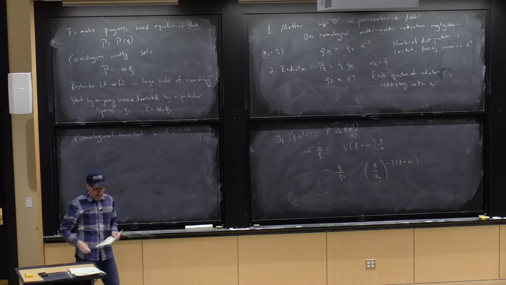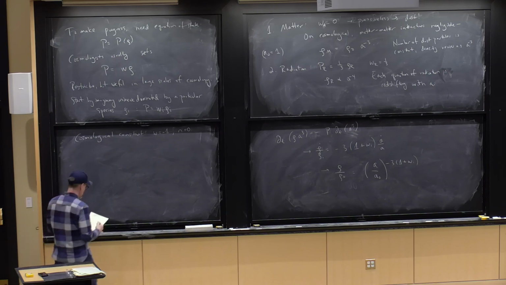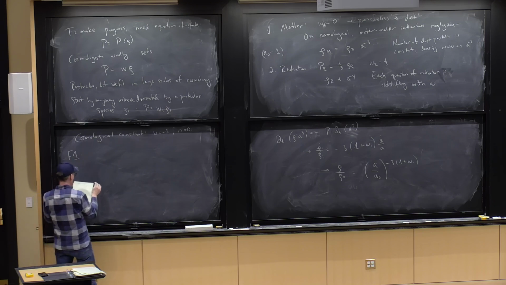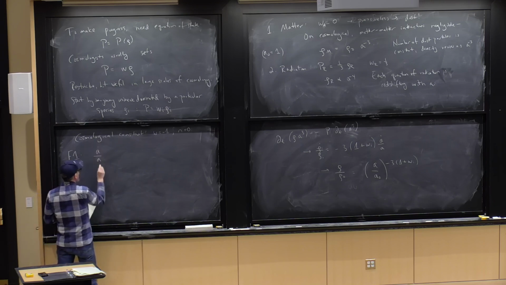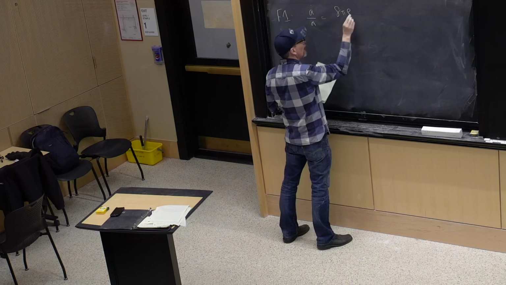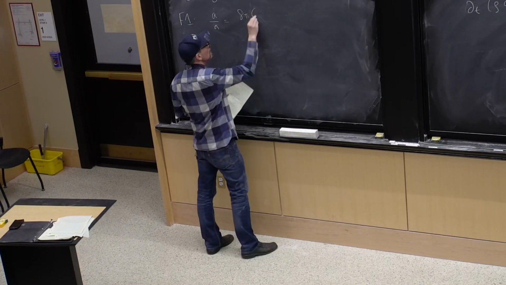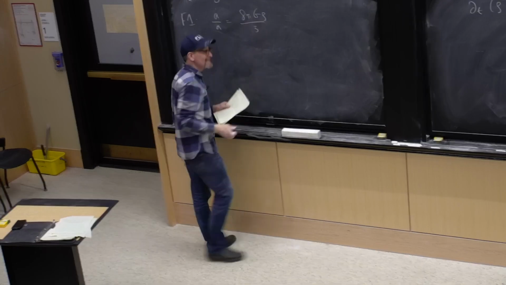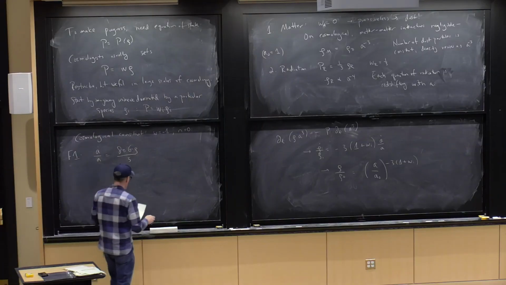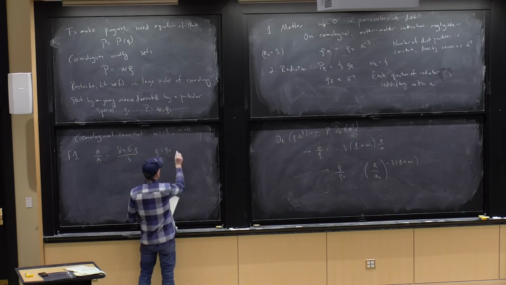So what you do is go back to our FRW equations, or rather our Friedmann equations. Let's write F1 down again. I have a dot over a squared equals 8 pi G rho over 3, and this is now a constant. So rho equals rho 0 because it's a constant.